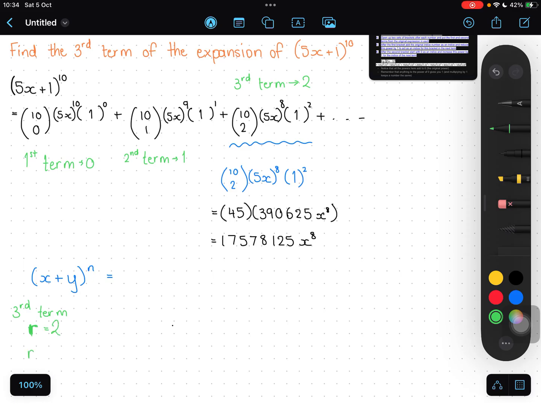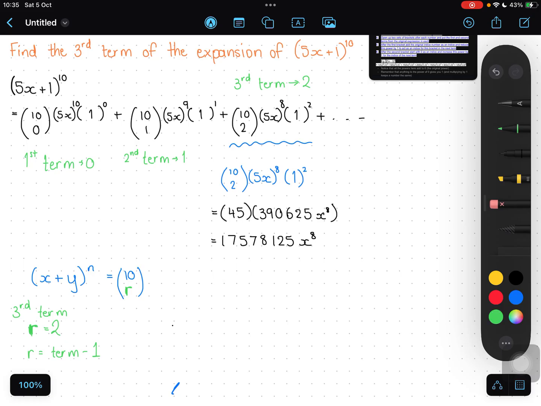So r is the term number minus 1: the term you're interested in, take 1 away. Then when we come up with a formula for our general term, we can use what we've done in this question. No matter what term I'm asked for here, in this big bracket I had a 10, and depending on what term you were looking at, you took 1 away and put that in the bottom. We're going to call that number r.